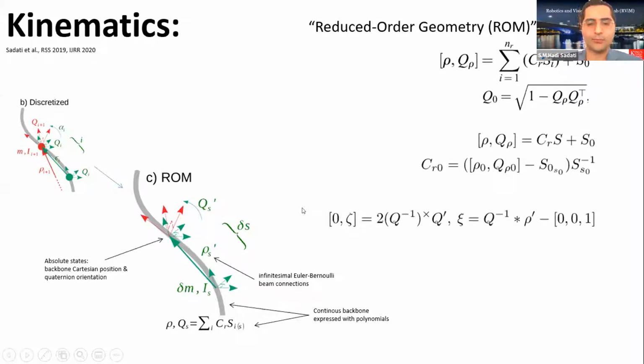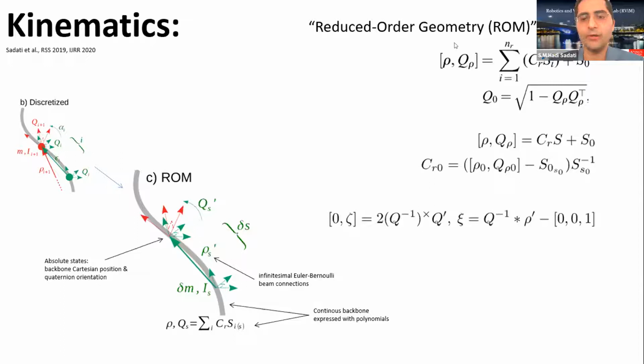In a reduced order formulation, we substitute the kinematics with a polynomial. Here I present a closed form for that polynomial based on a constant matrix C and a few shape functions S. Shape functions are basically S, unit length to the power of 0, 1, 2, basically to the power of i.